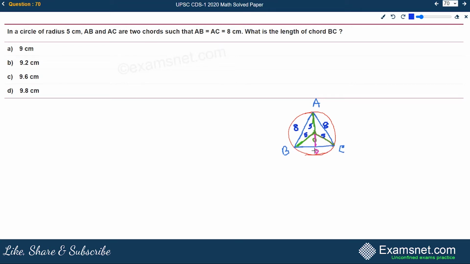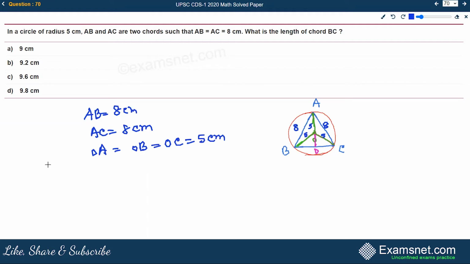So it becomes OD, touching the chord at the point D. Okay, so here AB equals 8 centimeter, AC equals 8 centimeter, and OA, OB, OC are all 5 centimeter.